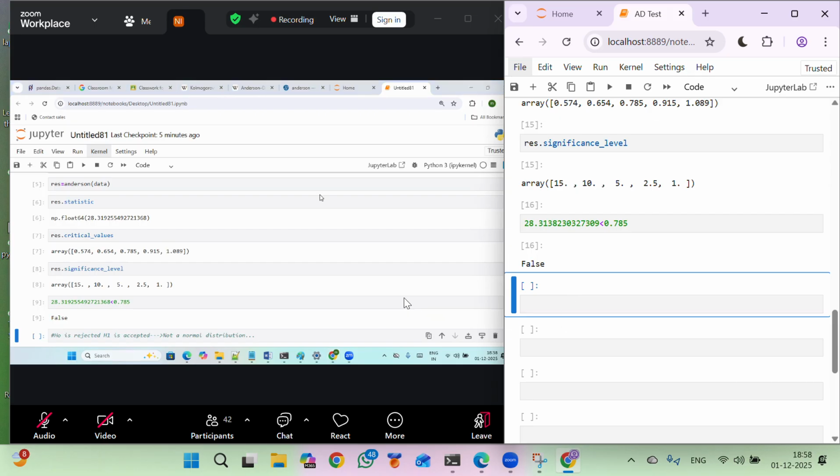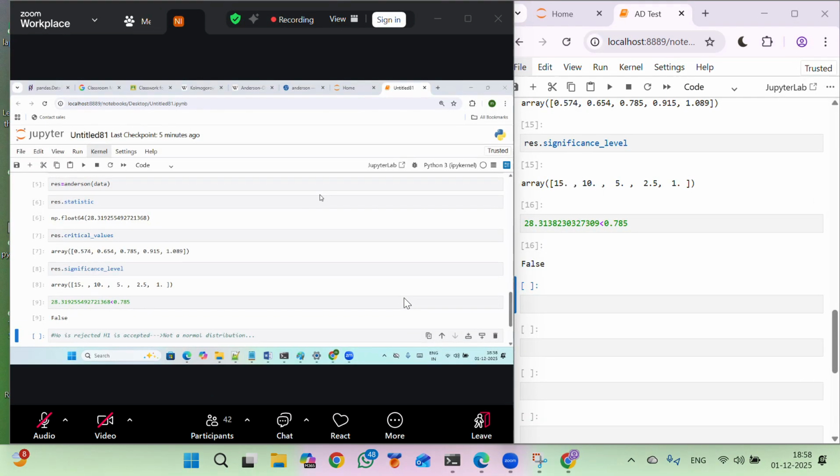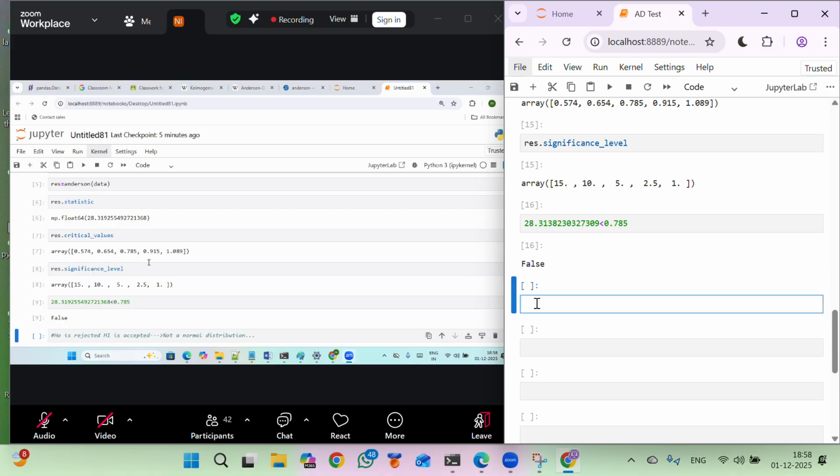Understood or not? See guys, don't be confused, understand which value I'm comparing with the test statistic.